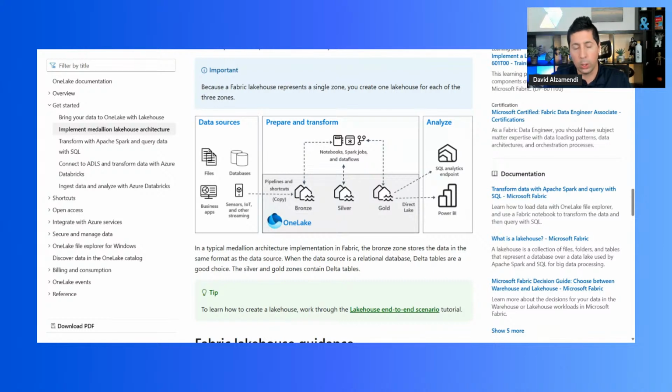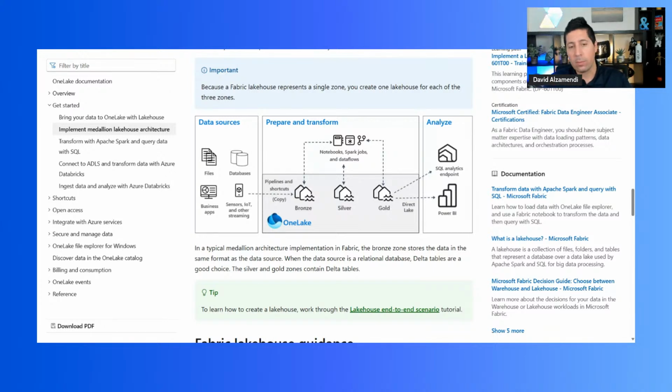First of all, we know that if we have more than 4 terabytes of data and non-structured information, we might put for now the Fabric SQL database aside. We're not going to use that. And in many cases, I will argue as well, we're not going to use the KQL database. So we have now to choose between the warehouse and the lakehouse.